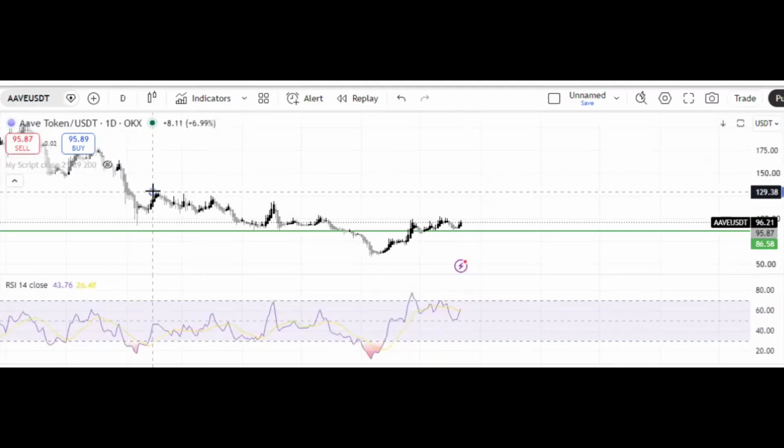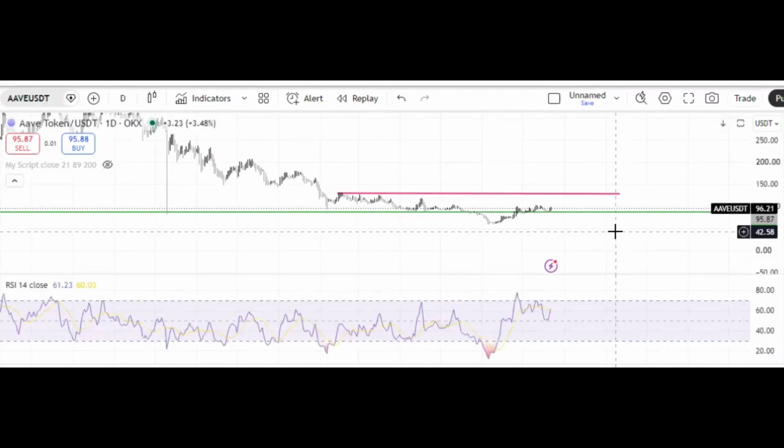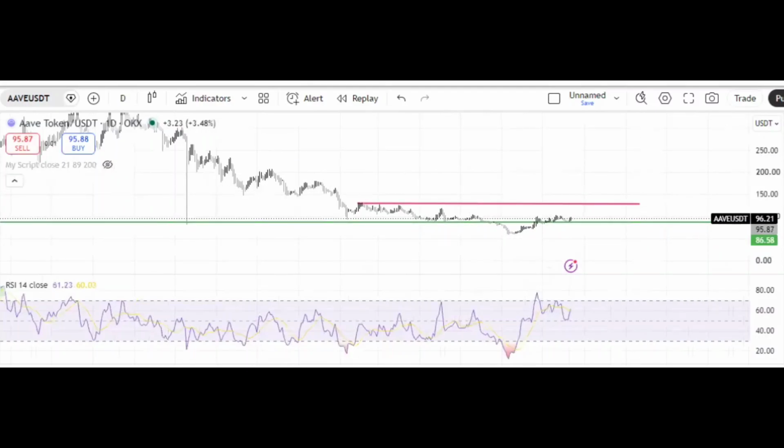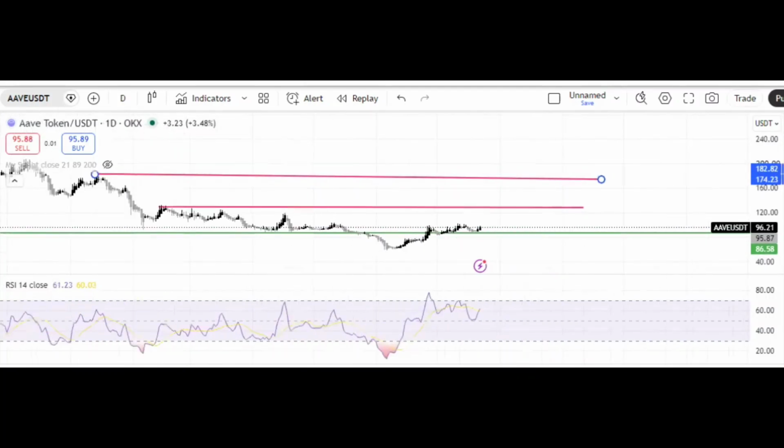It is showing strength. So the first zone would be at around 129 to 130. And if we see good bullish momentum overall in the crypto market, then it can also go and retest this zone at around 180. So I see a good risk to reward ratio in AAVE.